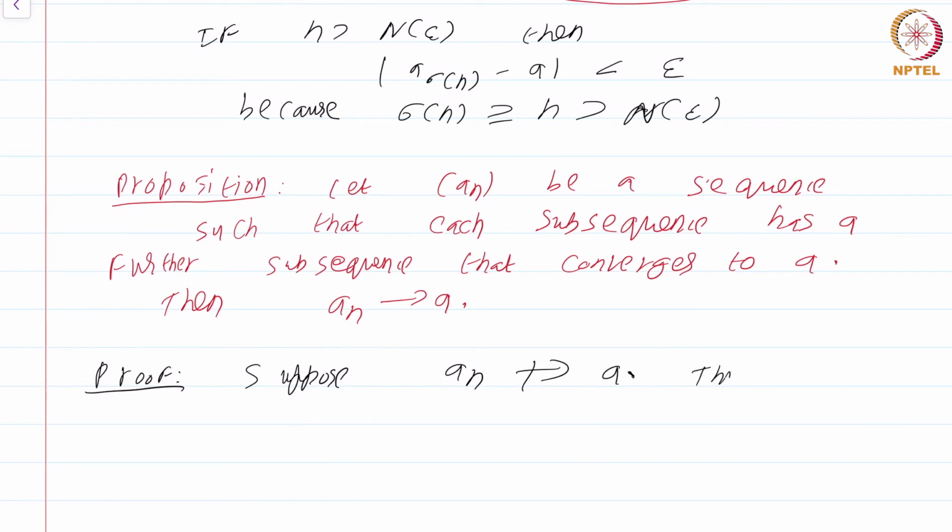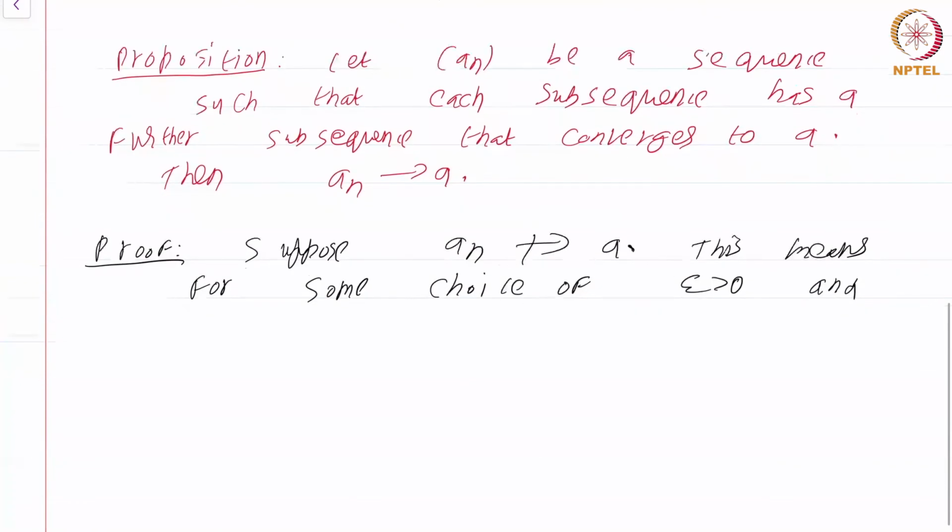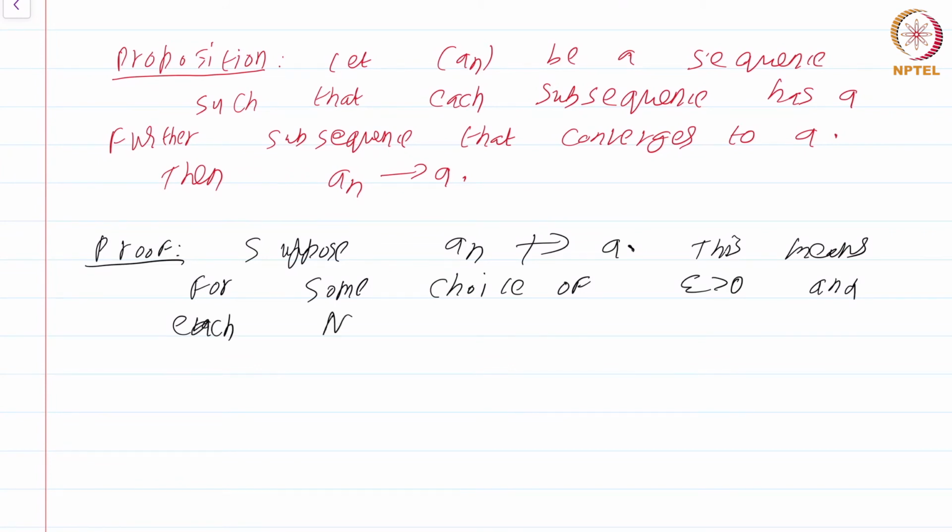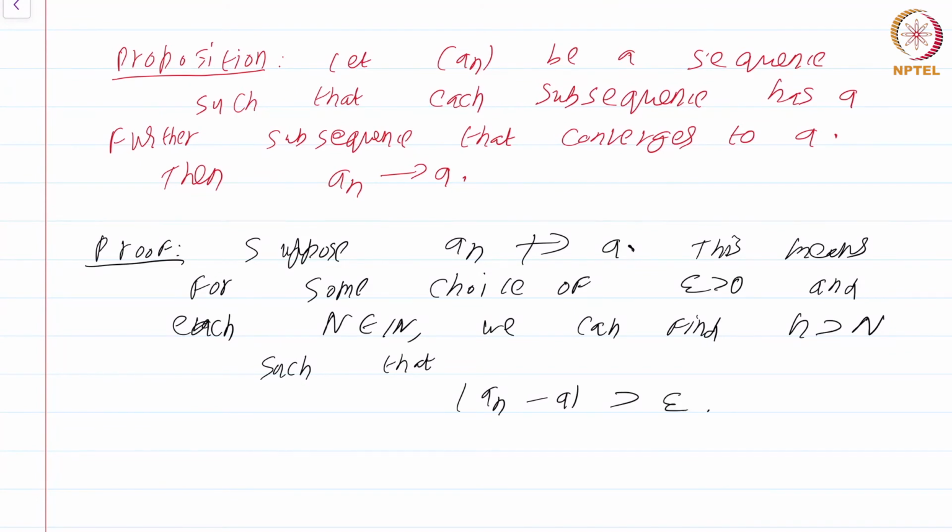This means for some choice of epsilon greater than 0, and each N in the naturals, we can find small n greater than N such that mod a_n minus A is greater than or equal to epsilon.